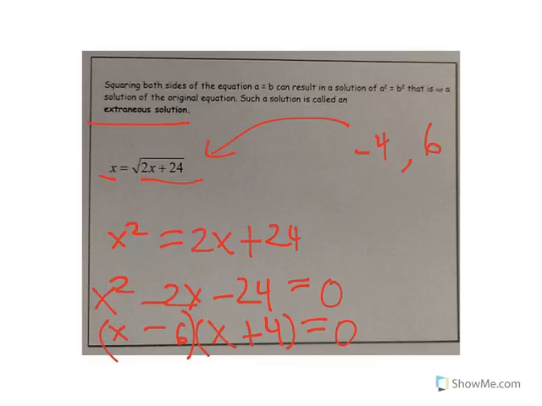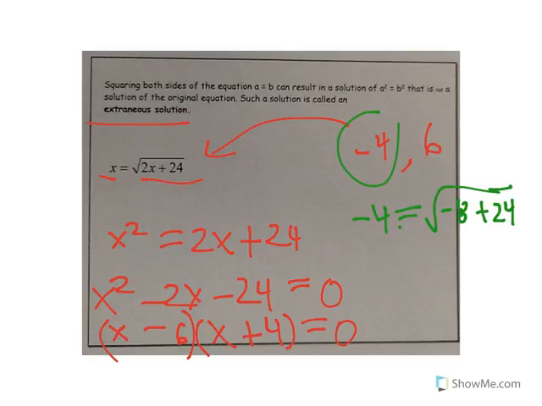Now I've got to plug these back into here and see if these work, because they might not. As a matter of fact, you can tell right now, first thing I do when I plug that in there, this one's not going to work. Because when I do, it's going to say negative 4 is equal to the square root of 2 times negative 4, which would be negative 8, plus 24.